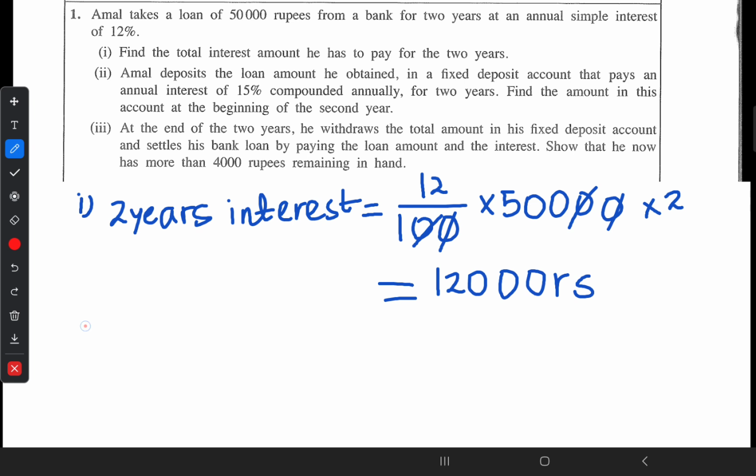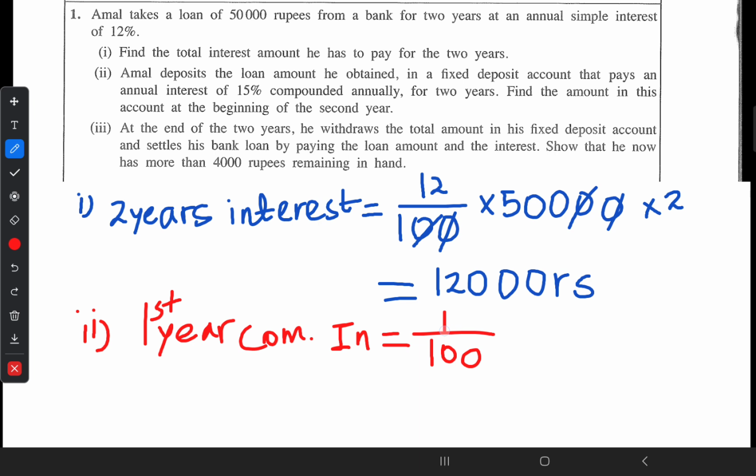Beginning of the second year means, what we need to do is first find the first year compound interest. To find that, 15 over 100 into his investment in that bank, the amount he borrowed, which was totally deposited in the second bank.